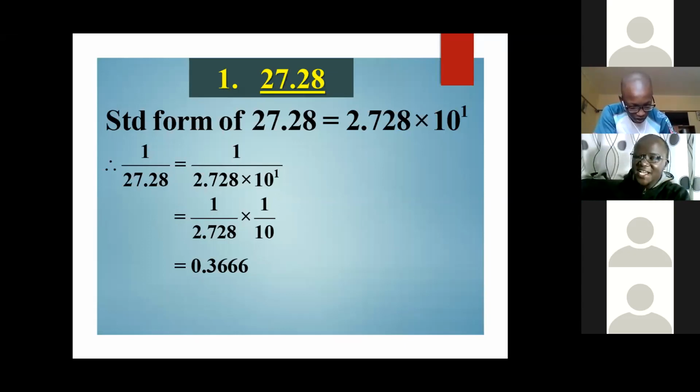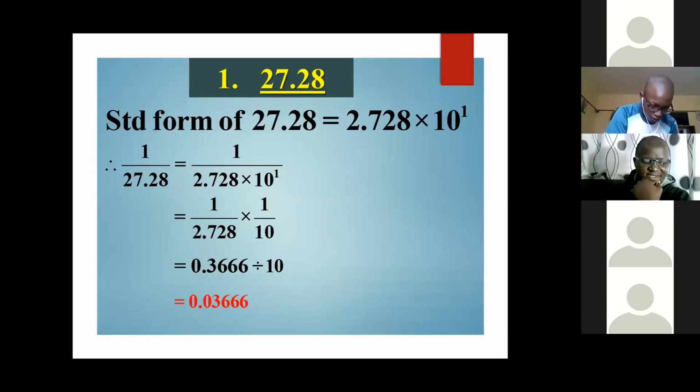So where we check is on reading the value from the mathematical table only. Once you come to division by 10, everything is worked out. You just give the answer as it's supposed to. Are we okay with that? So you only ensure that you have 4 significant figures at the point where you are reading the value from the mathematical table. The multiplications and division by 10 will not count at this point.